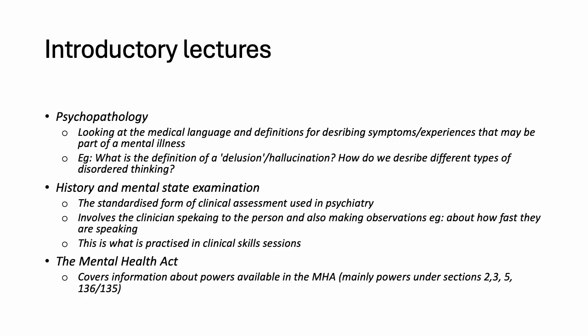It's a history and mental state. So students are taught that. And then there's also a lecture looking at the Mental Health Act and the most important, the kind of main powers under the Mental Health Act, especially those relevant to people under section in acute psychiatric hospitals, which is where most students will spend some time.